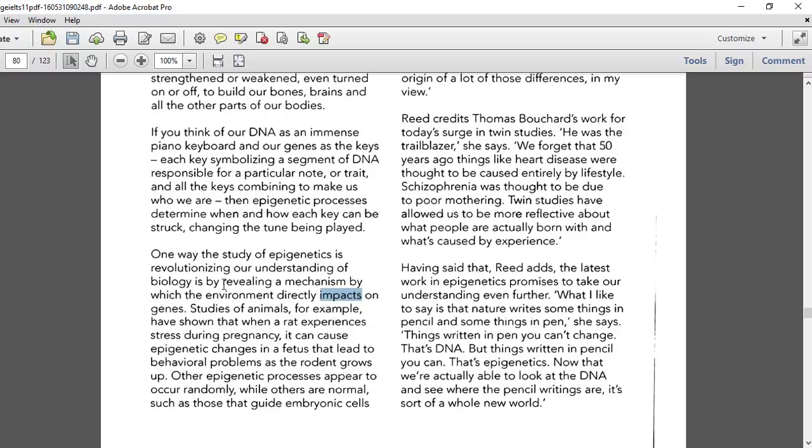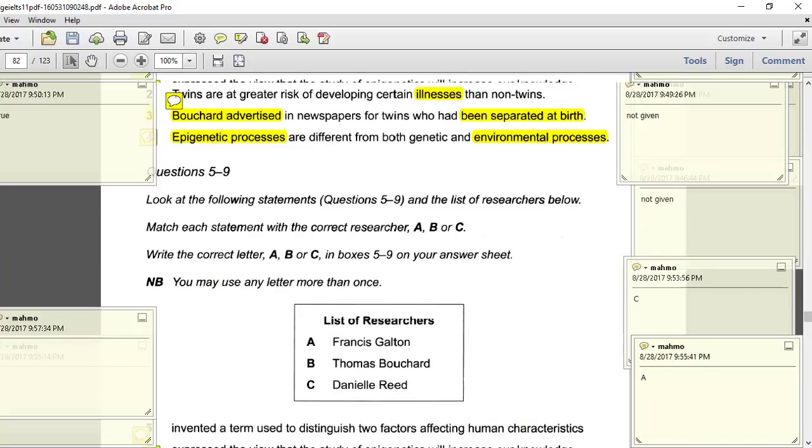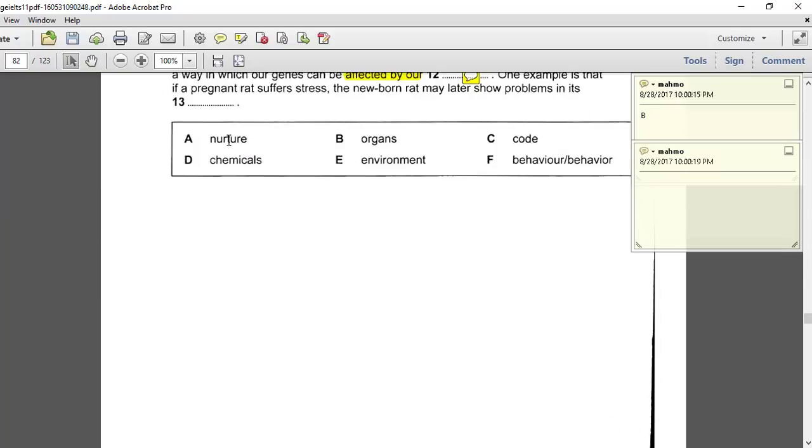Revealing means uncovering, and impact means influence or affect. A mechanism by which the environment directly impacts on genes. So what affects the genes? Environment. Very clear. So we get back to the question and choose the word environment. Nurture, environment. Simple, very clear. Number 12, environment, which is E.